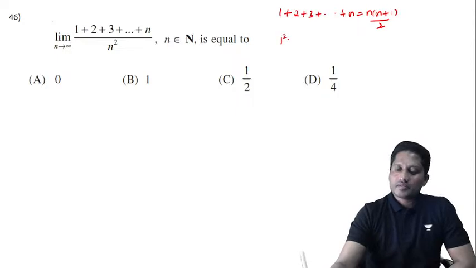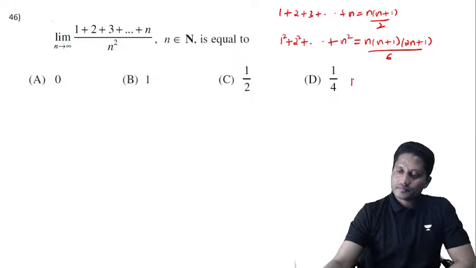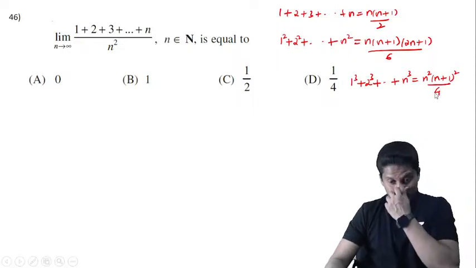If you have 1 square plus 2 square and so on up to n square, the formula is n into n plus 1 into 2n plus 1 by 6. And when you have 1 cube plus 2 cube and so on up to n cube, the formula will be equal to n square into n plus 1 the whole square by 4.